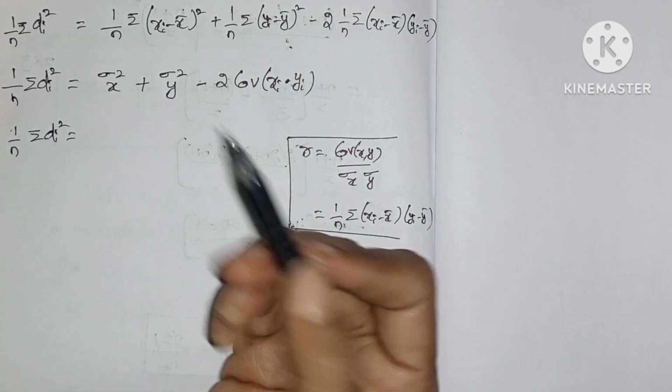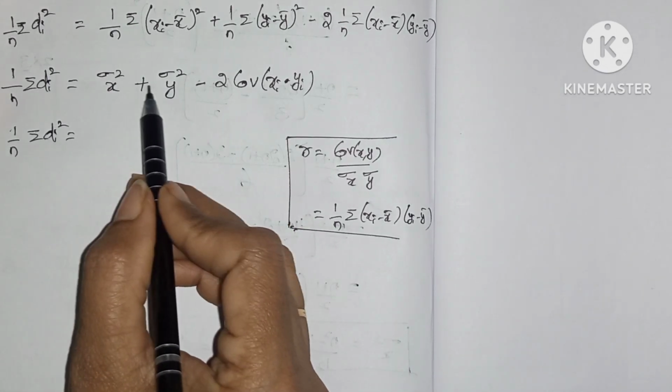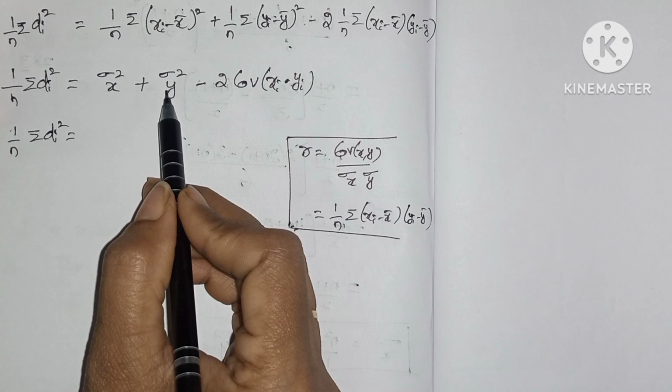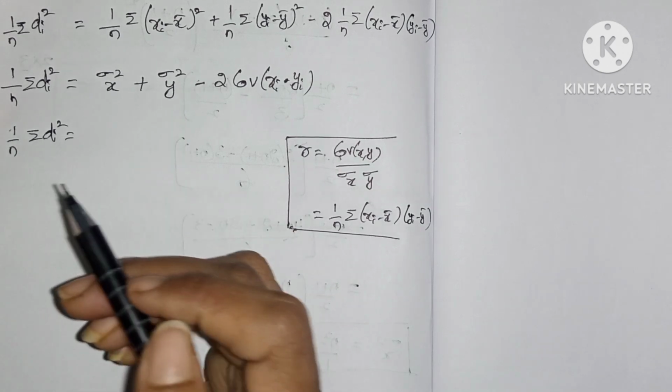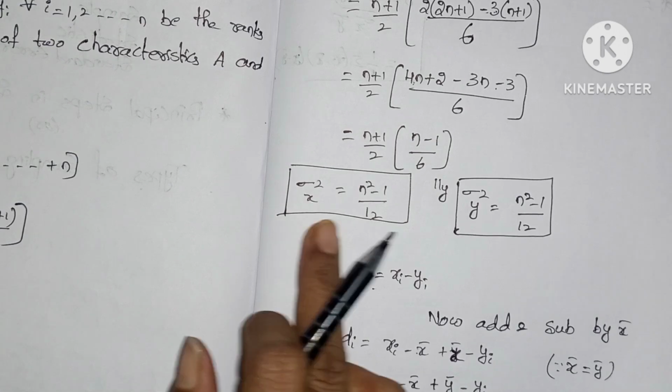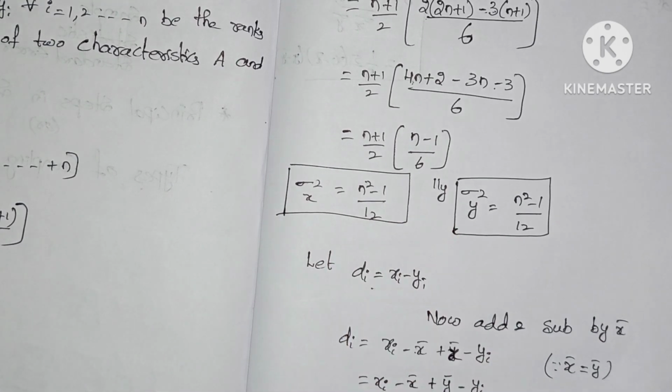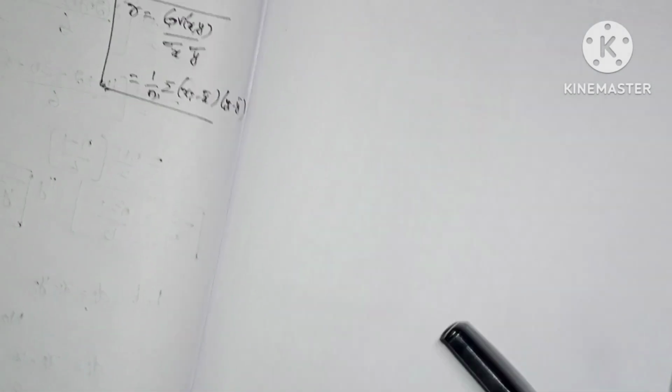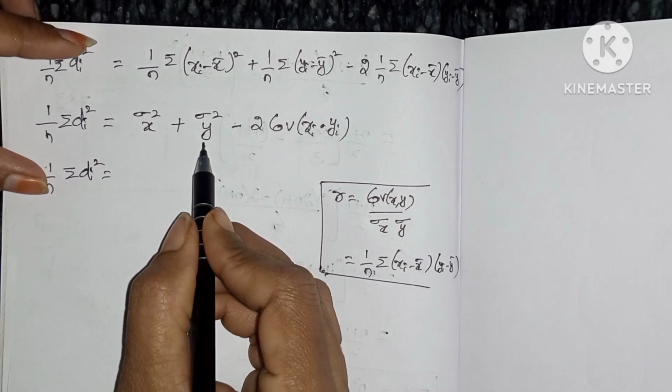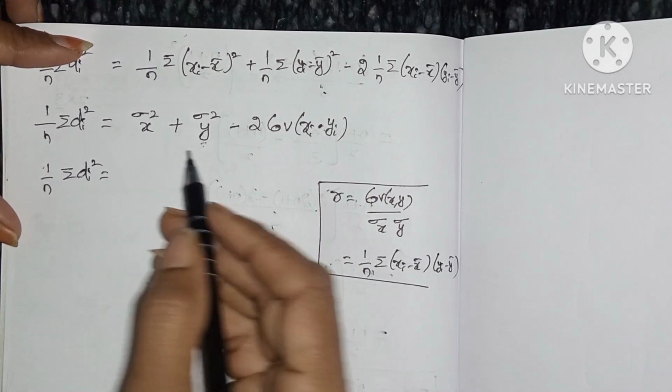You can change anyway. So sigma square x, here in place of sigma square y I am going to keep sigma square x, because we know that sigma square x and sigma square y are both the same. So that's why I am going to substitute x in place of y.